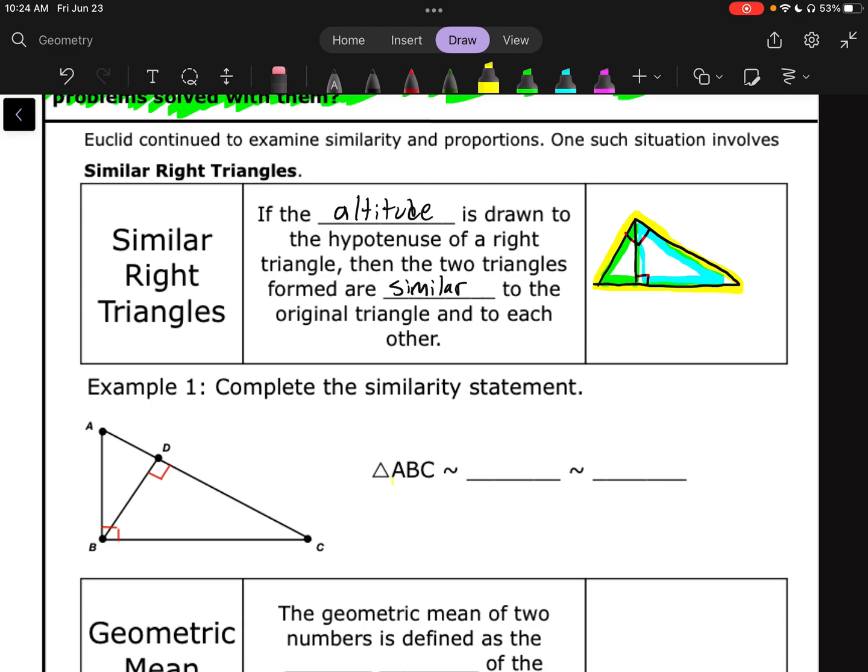Okay, so let's follow ABC real fast. Down the short leg, down the long leg, back along the hypotenuse. So let's try to line that up with our small right triangle. So if we did ABC, we need to do ADB for the little one.